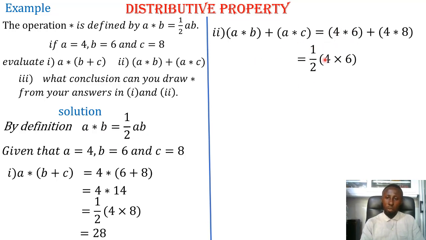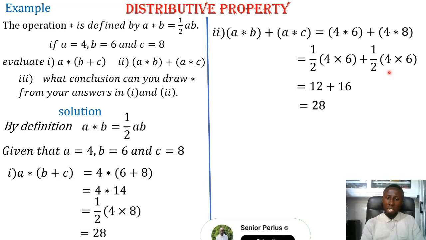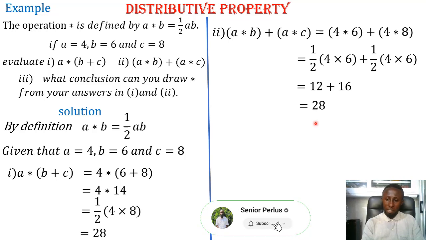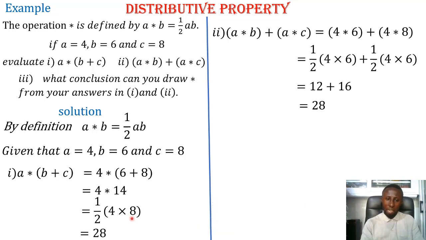We get 1 over 4 times 6, plus the other one, where our 4 here is A and our 8 here is C. We substitute again into our definition. If you simplify further, you will get the final answer. Yes, so you can say they are the same.